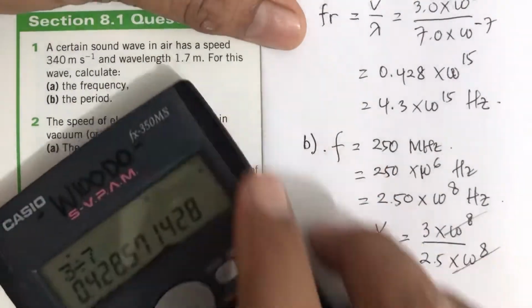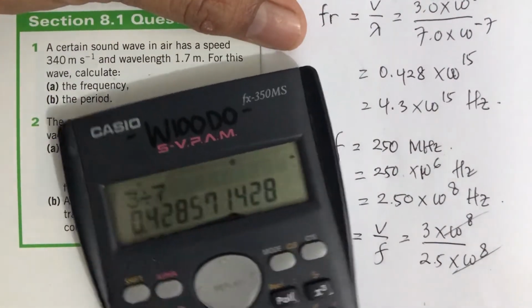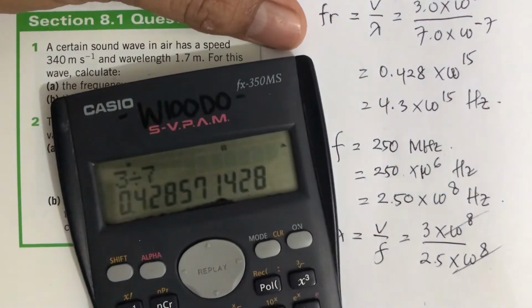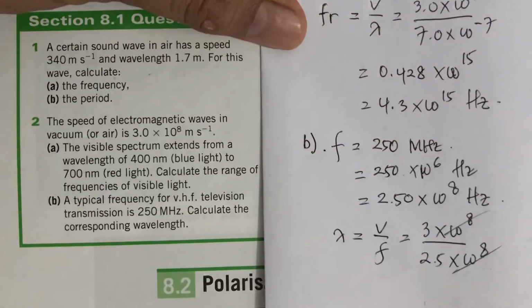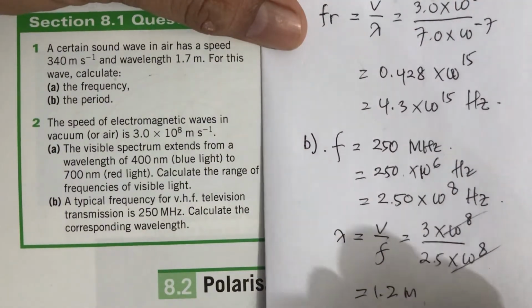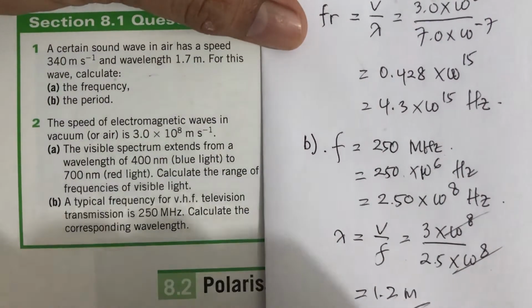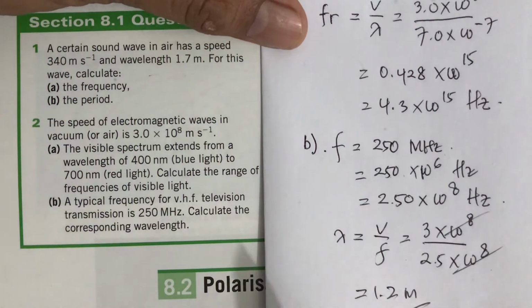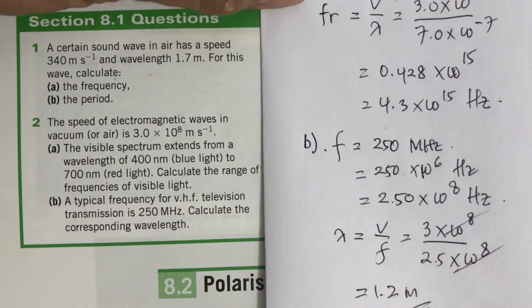Don't use your brain to calculate this number because it is so hard. 3 divided by 2.5 is 1.2. Finally we get the wavelength as 1.2 meters.